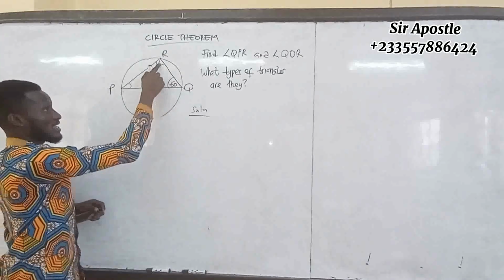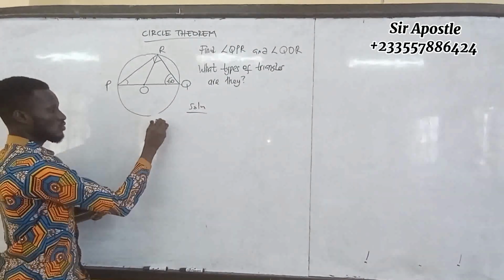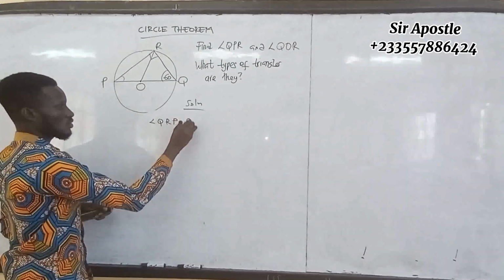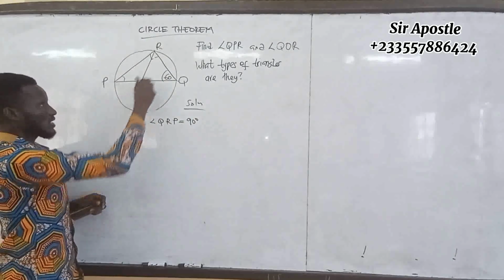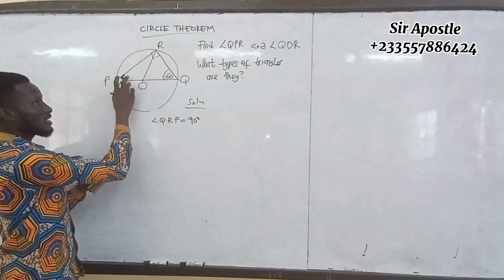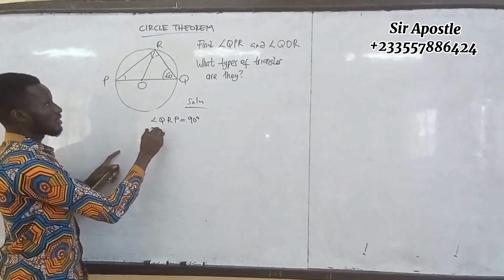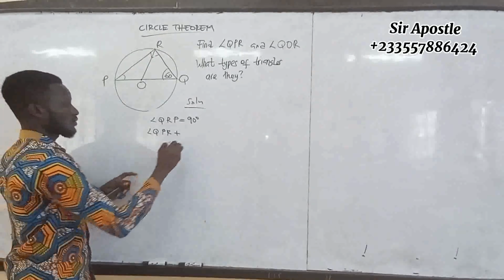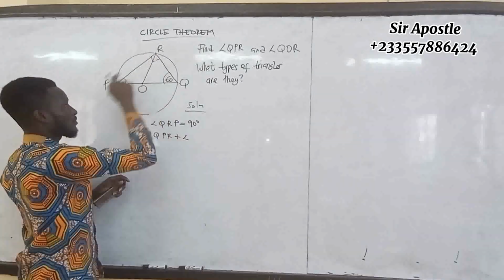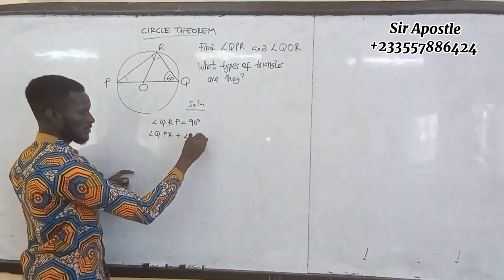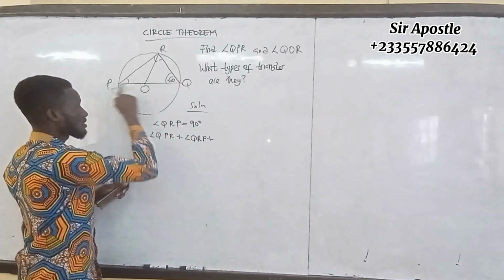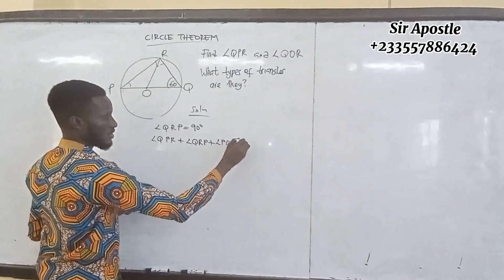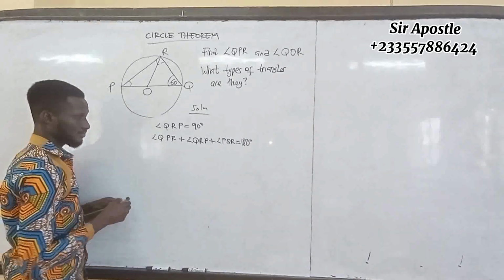So for the diameter rule, we know that here is 90. So our angle QRP is equal to 90 degrees. That is here. So let's add everything to equal 180. We are looking for this angle, angle QPR, plus this angle, which is angle QRP, plus this angle, which is PQR, supposed to give us 180 degrees.